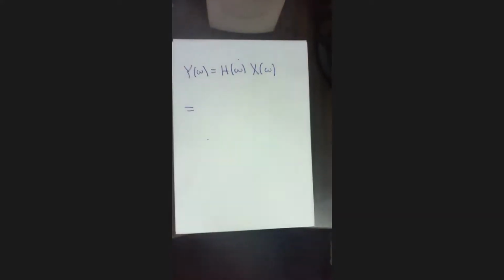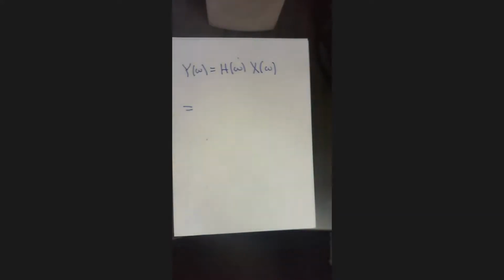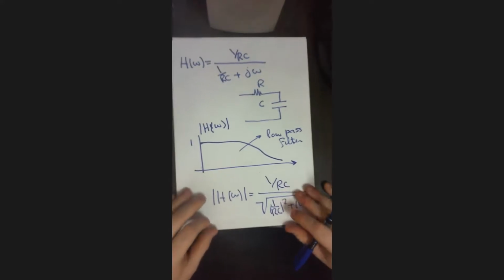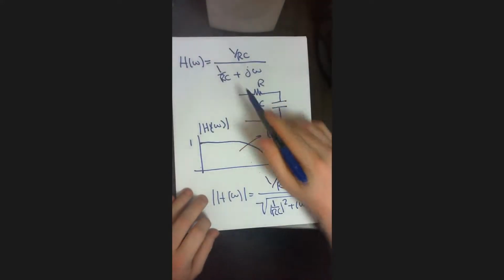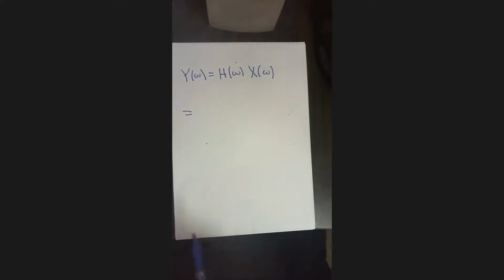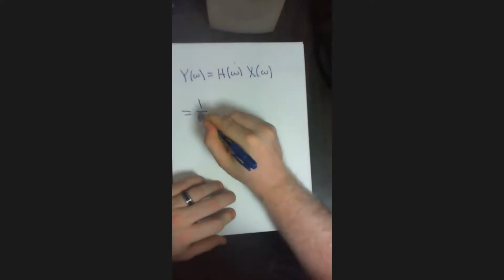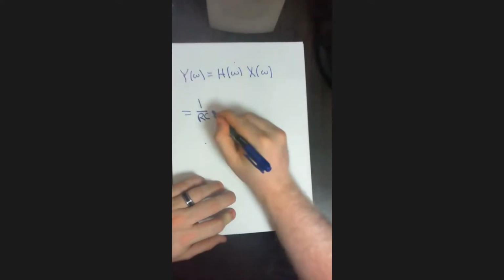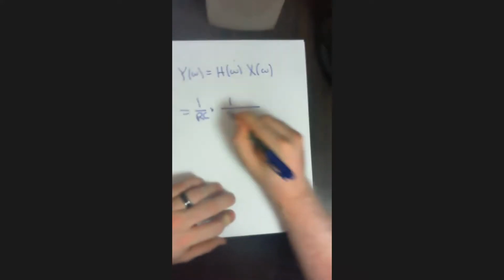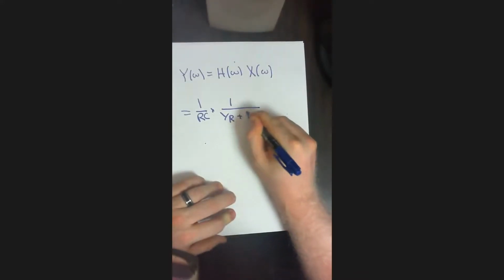Here H of omega, if you remember from my previous slide, two slides ago actually, we have already defined H of omega as 1 over RC over 1 over RC plus j omega.